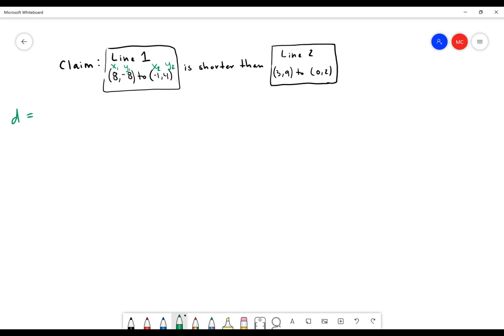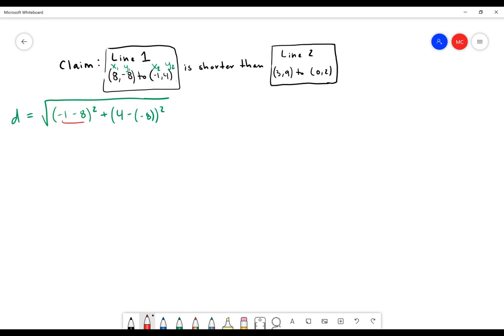The distance formula is the square root of (x2 minus x1) squared, which would be (-1 minus 8) squared, plus (y2 minus y1) squared, which would be (4 minus -8) squared.